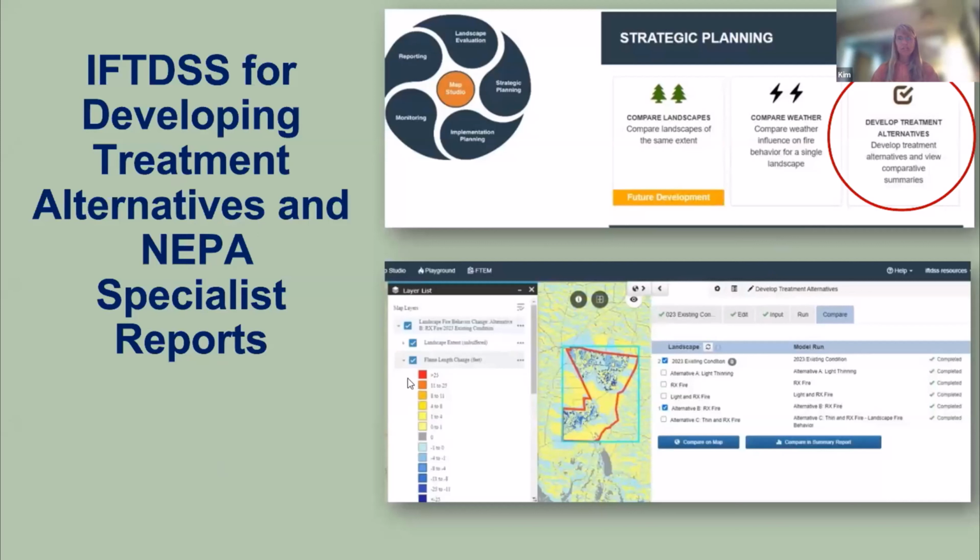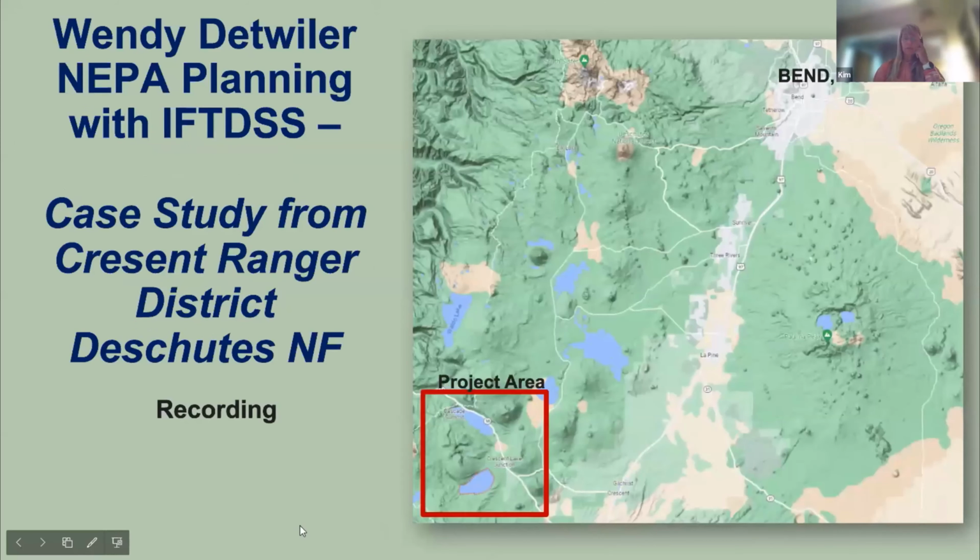And she has some examples of using it for pre-planning and how she's worked with some folks in the Central Oregon area to kind of key them into some things to consider as they go into their NEPA planning process. So this is a little case study from the Crescent Ranger District. Here's Bend, Oregon, and then her project area was down here in the left corner near this Crescent Lake.